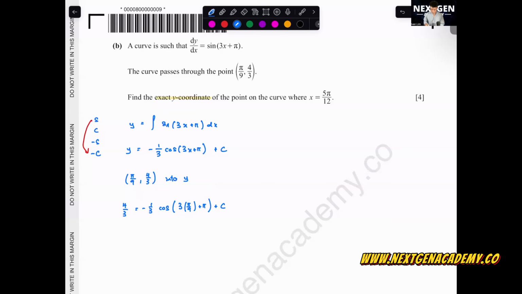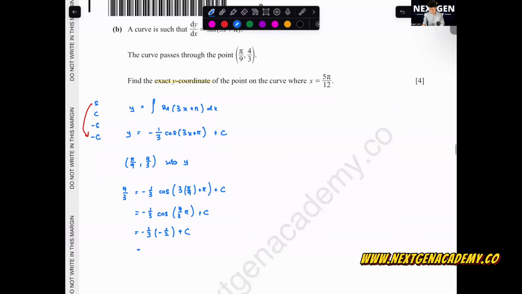So 3 over 9 pi, cos of this plus, oops. Okay, pi over 3 plus pi, we'll get 4 over 3 pi. So this side is cos 4 over 3 pi, which gives negative 1 over 3 times negative 1 over 2 plus C, that is 1 over 6 plus C. Okay, the C value is 4 over 3 minus 1 over 6, we'll get 7 over 6.